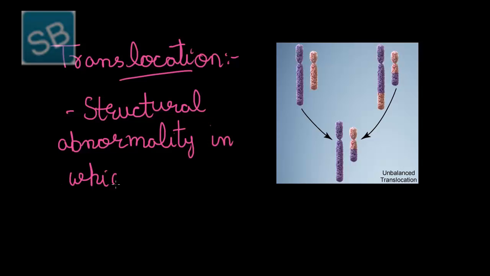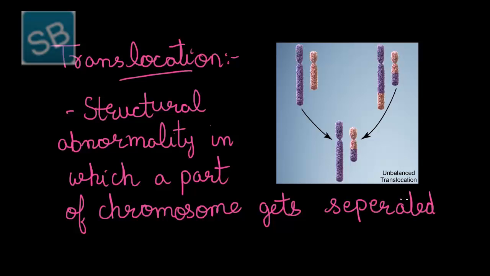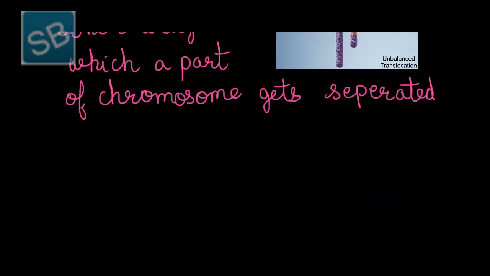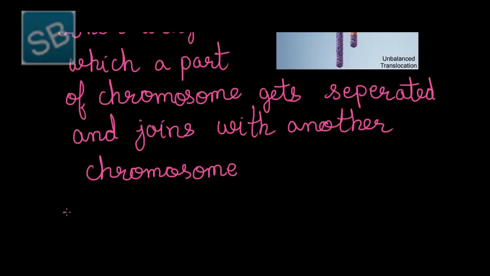in which a part of the chromosome gets separated and joins with another chromosome, which does not result into the formation of a homologous chromosome.